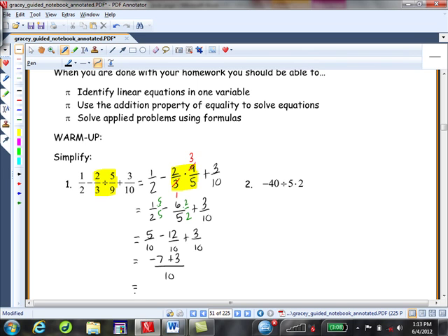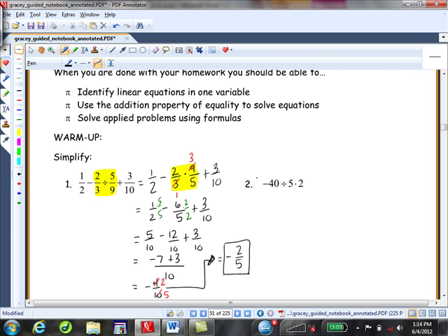And then we'll have -4/10. And we can go ahead and reduce that. 2 divides both of these. 2 goes into 4 twice and into 10 5 times. So we'll end up with -2/5. And we're done.